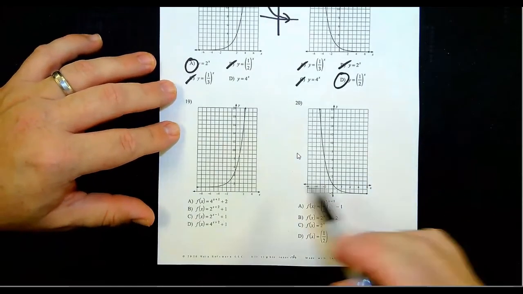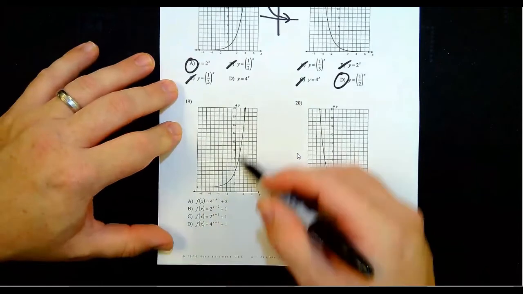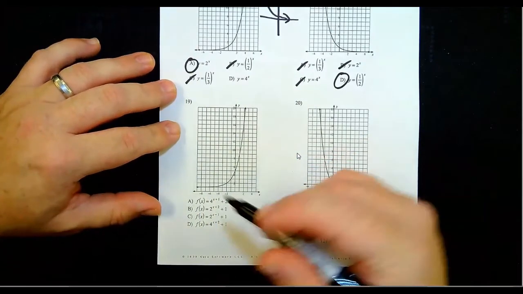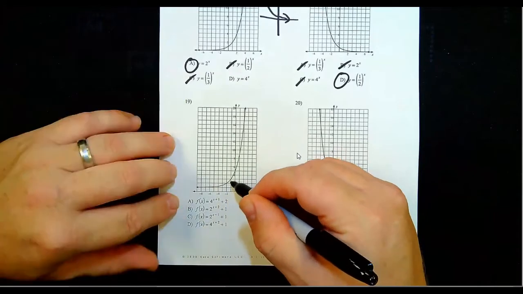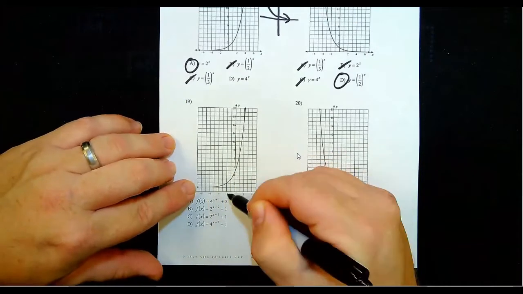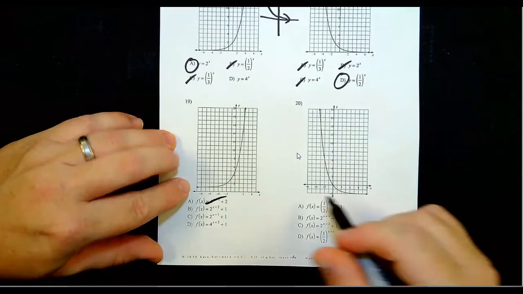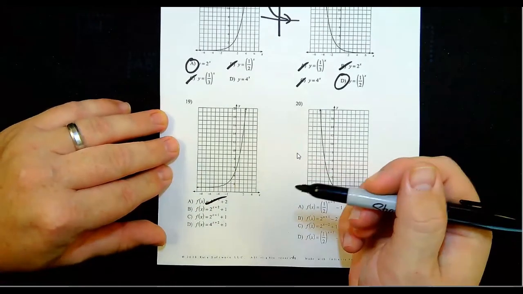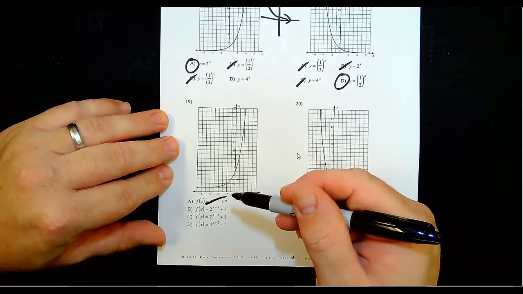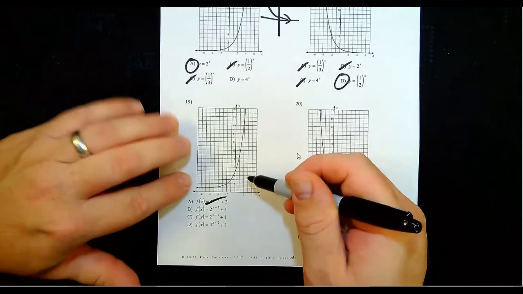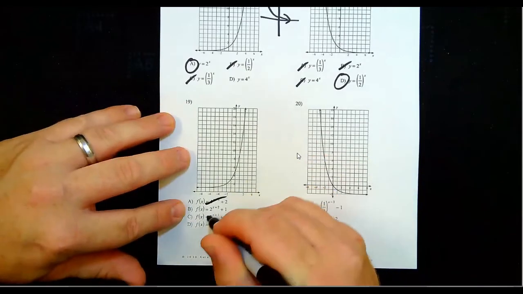All right, a little bit harder here. It's growth, not decay. All these are. If you look at where it moved, it moved up 1, so that guy's out. It moved to the left, and we could figure out how much it moved to the left, but just by knowing it moved to the left, we know it's going to have to be positive. So that guy's out.